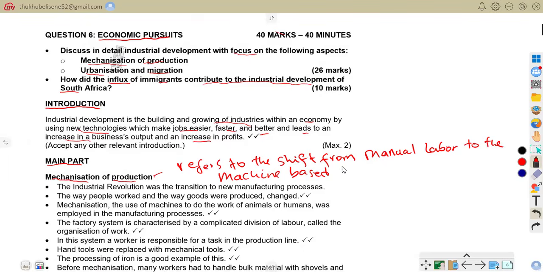That's what it means, increasing efficiency and productivity. Get it straight.